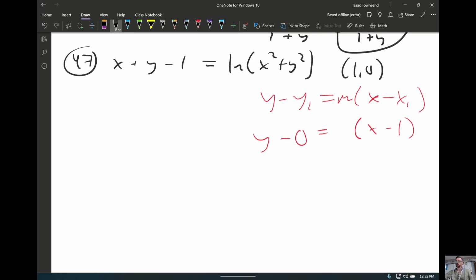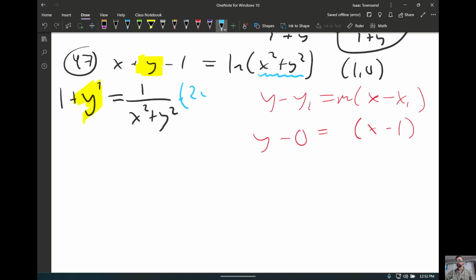So I can take the derivative of this big mess by doing 1 plus 1 y prime plus 0 equals, take the derivative of natural log of something, you need 1 over the something times the derivative of the something for chain rule. And within the chain rule, you're taking the derivative of the y, so you need another y prime.